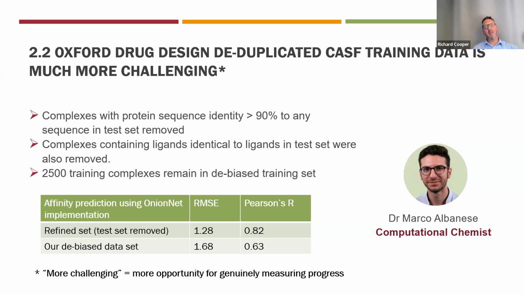And you can see that the mean squared error jumps up, the Pearson's R correlation falls down. So I've called this training data more challenging, but of course, in the context of this talk, more challenging equals more opportunity for genuinely measuring progress, because I would say it's more important to be able to use a data set to make progress than it is just to be able to publish a result and say, look at our amazing method, in the long run, obviously.